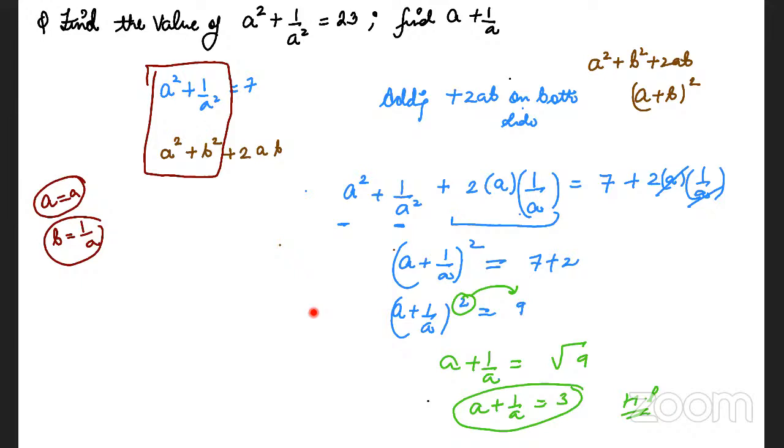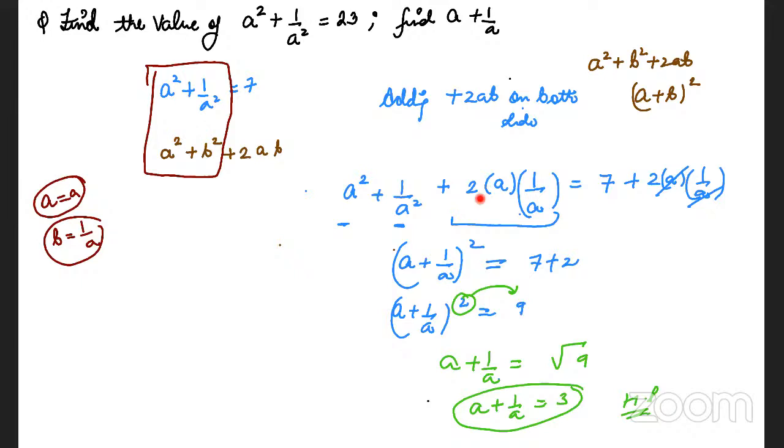Joshua, you got the answer? No, sir. I didn't get it. So where did you get stuck? Tell me. I got stuck in a square plus 1 by a square plus 2. 2 into the same thing you have to do.